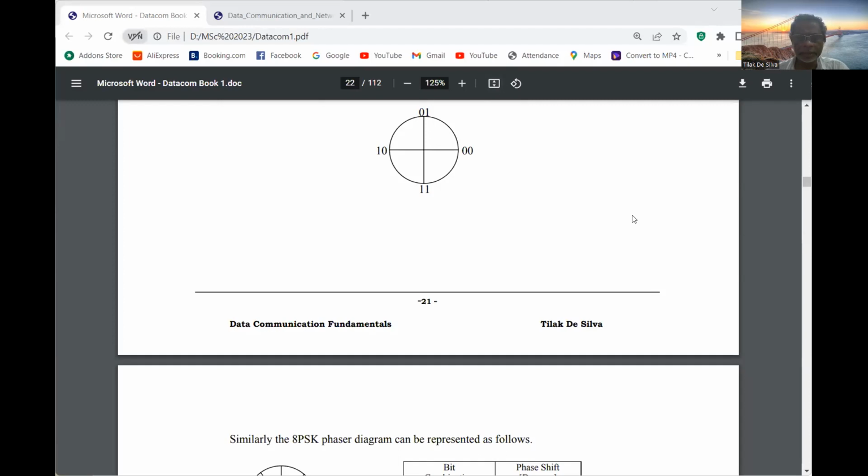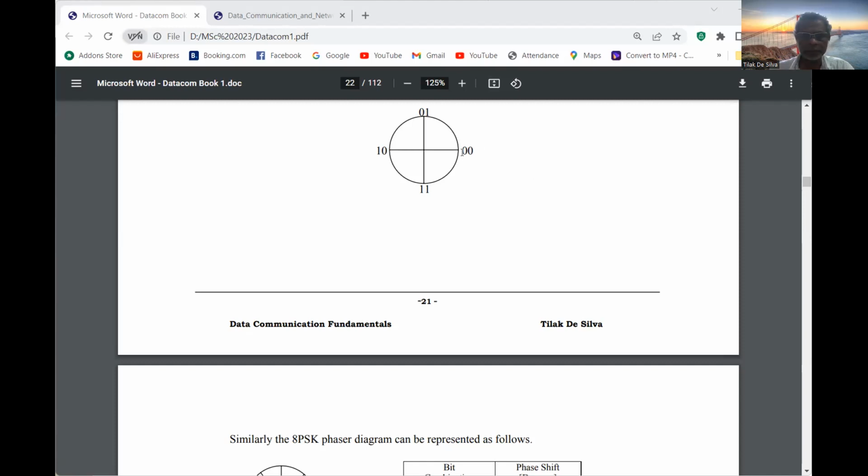Okay, another question asked: what is the difference between radio wave and microwave? Microwave is some kind of radio wave, right? Its wavelength is micro, small. That's why the word micro is used. Right? So what is the 1, 0, 11, 10 numbers calculation? This one. Yeah.